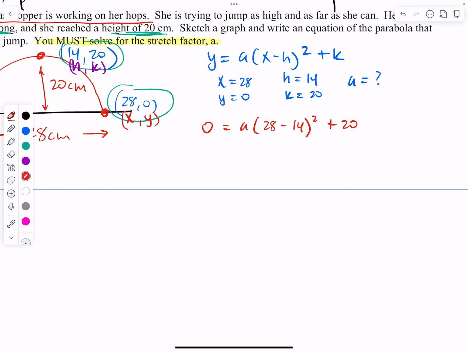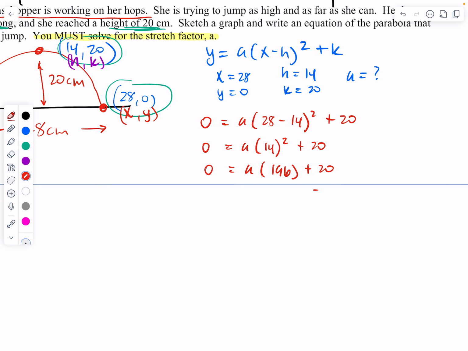First of all, 28 minus 14 is 14, squared, plus 20. So a times 14 times 14 is, I think, 196, but I'm just going to check myself. Yeah, it's 196 plus 20.